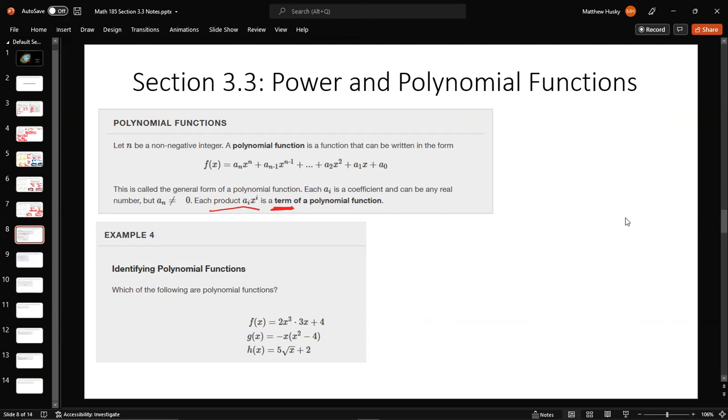So which of these are polynomials? Let's look at f of x first in this example. They give us 2x to the third times 3x plus 4. If you multiply this out, 2 times 3 is 6. You could call that the first power if you wanted to.